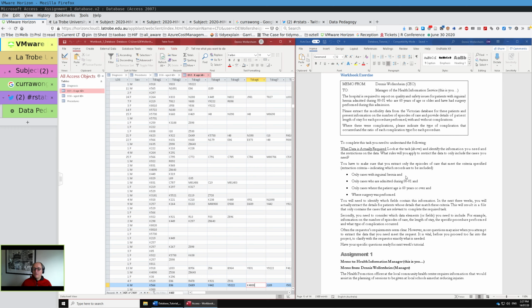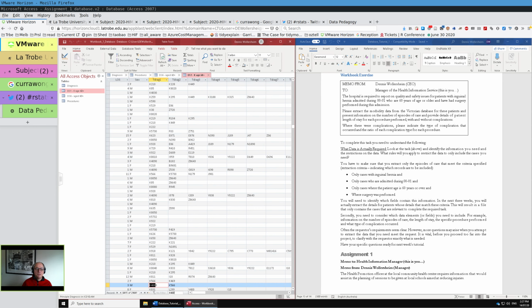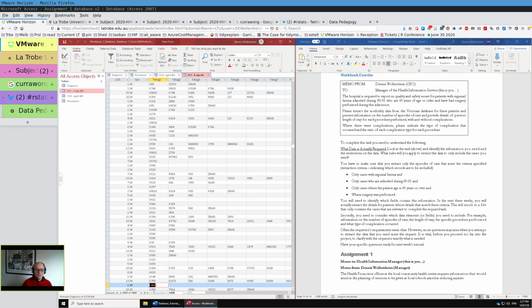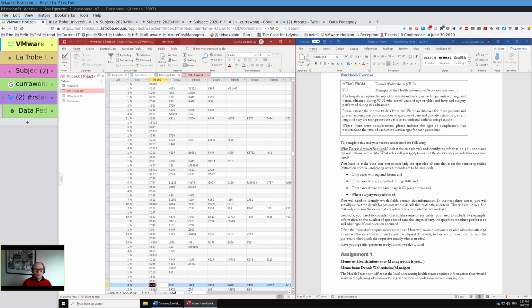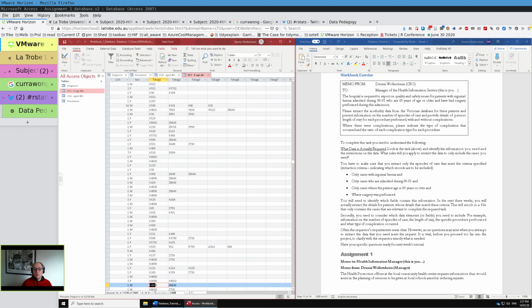So we found what table they're in. We found what column they're in. Let's keep looking a bit farther and see if we can find another K4000. Oh, so it's both in TDIAG1 and TDIAG6. So it looks like the K4000s are spread out across all the TDIAG codes, which is somewhat painful, and we'll fix that up in the next assignment when we make a better database.